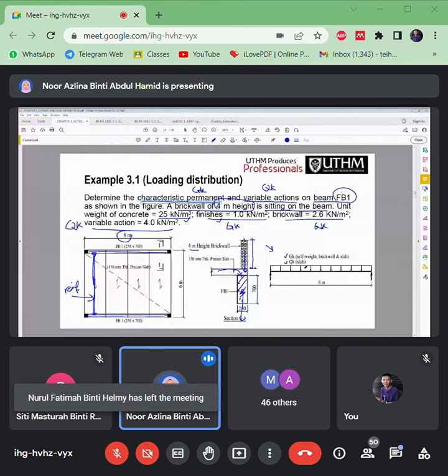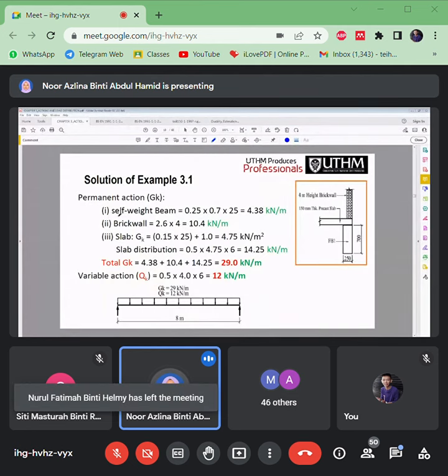Okay, so this is how to calculate for the self weight of beam by considering its cross sections of the beam. So that's why you had to know what the size of the beam. Okay, and then multiply with the unit weight of the concrete. Okay, unit weight of the concrete, which is the self weight here is 4.38.